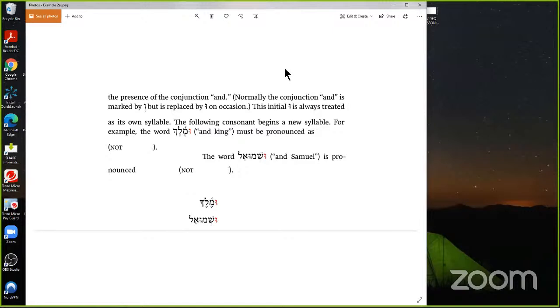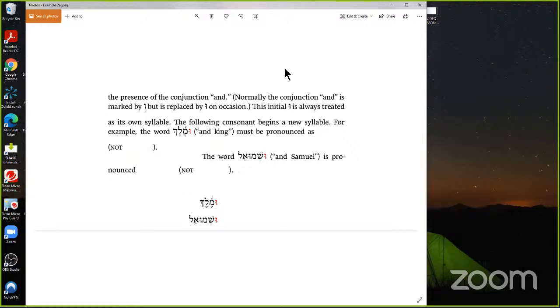All right, how about this here? How do you say this word here, the one that says "and king"? How do you say that? Oo melech? How do you say this, what you're reading right now? Okay, so you said oo. Okay, so oo is "oo melech."